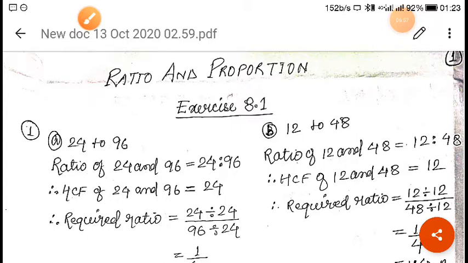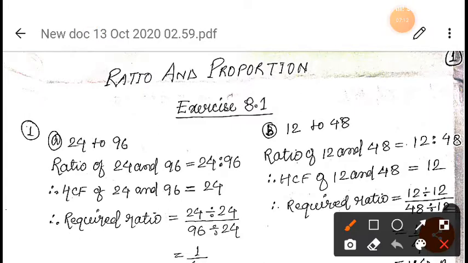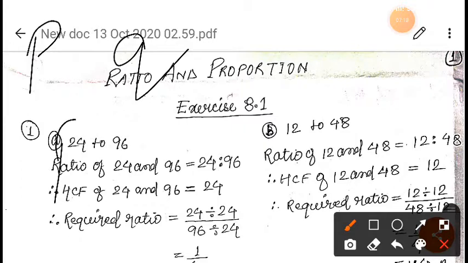So what we can say is, the ratio of two quantities is a fraction that tells how many times one quantity is of the other. And the two quantities should have the same unit. If there are two numbers, suppose one number is p and another number is q, their ratio can be written as p is to q.